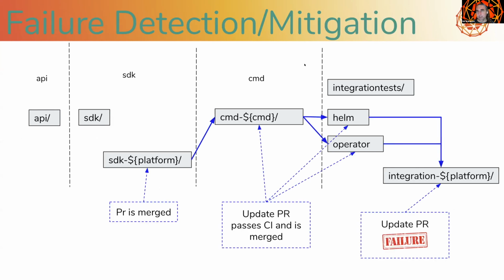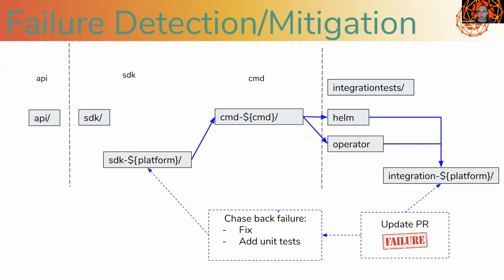Which of course begs the failure detection and mitigation question, which is, what do you do when things go wrong? So you start with something, say an SDK for VPP agent, and it propagates down to the various command repos, and they propagate down to the Helm and operators, and that propagates down to an integration test that fails.